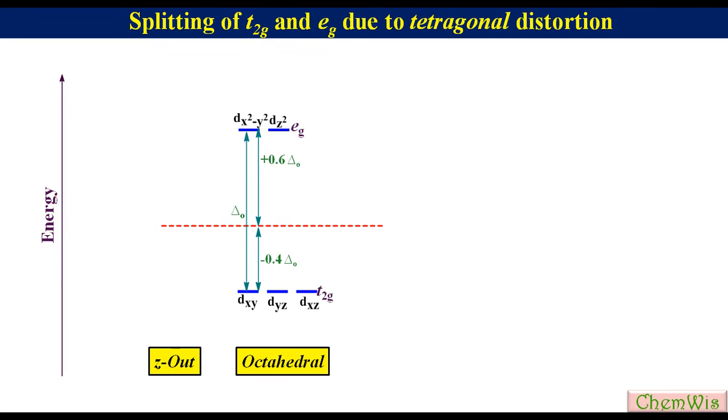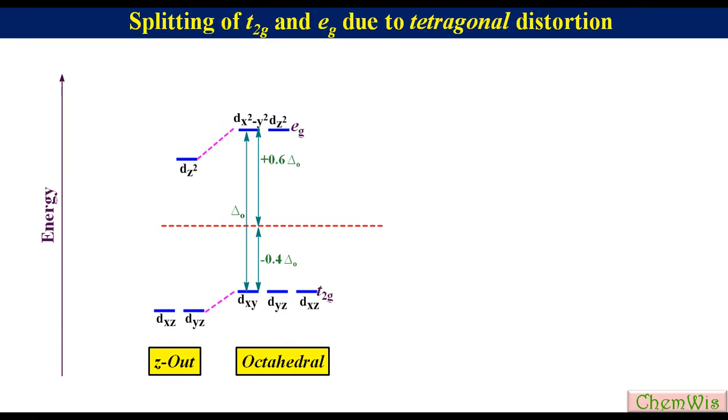In doing so, they reduce their interaction with the d orbitals that have z component, that is dz square and dxz and dyz. As a result, these orbitals are stabilized, means their energy is reduced.